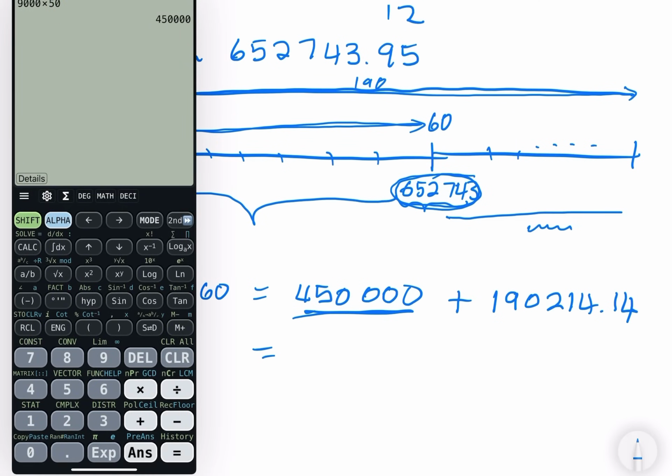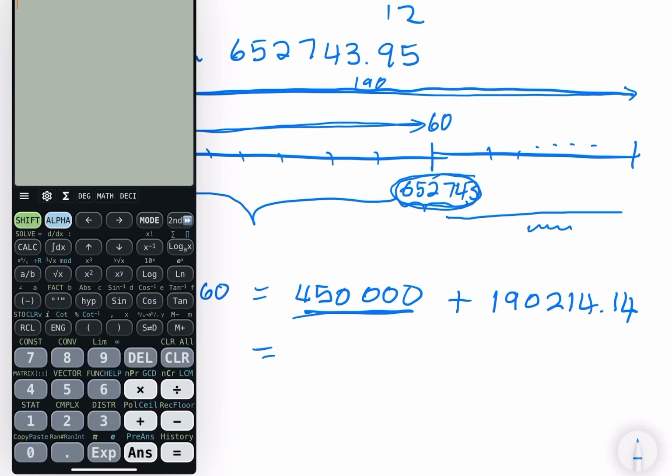So that's 450 plus 190,214.14. Okay? Right. No, I think I made an error here. Yeah, so that would be 450,000.